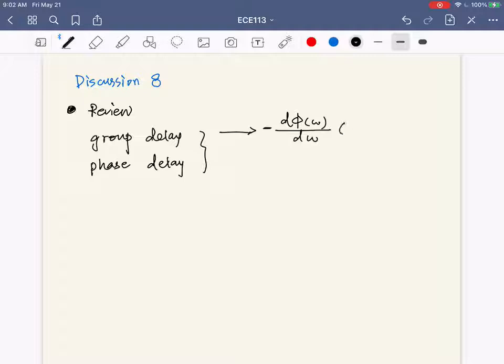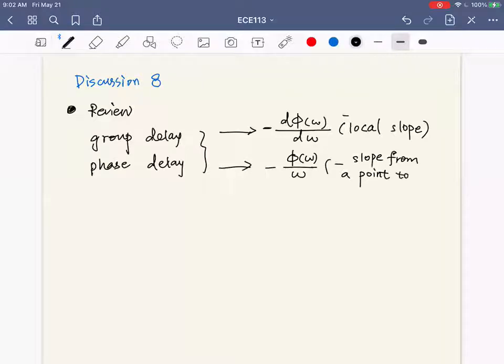In the graph, it can be interpreted as the local slope, of course the negative local slope. And the phase delay is basically the phase response over omega, and it can be interpreted as the slope from a single point to the origin.